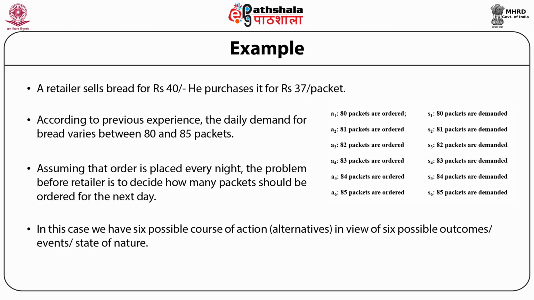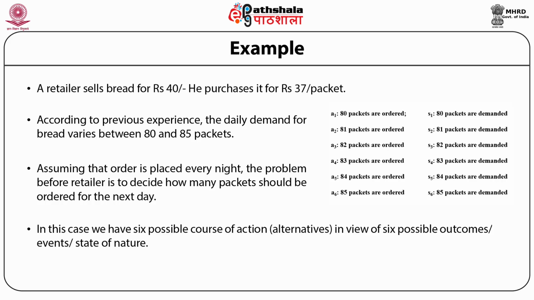So here you can see we have different alternatives like S1, S2, S3, S4, S5 and S6. These are the various possible course of actions taken by the retailer while placing the order for the bread for the next day. And we also have different outcomes like A1, A2, A3, A4, A5 and A6. These are the different possible outcomes, or we can say the actual demand of bread on that particular day.